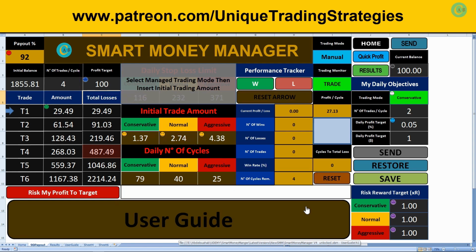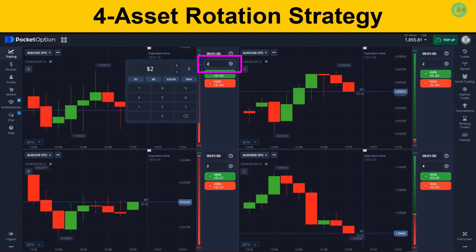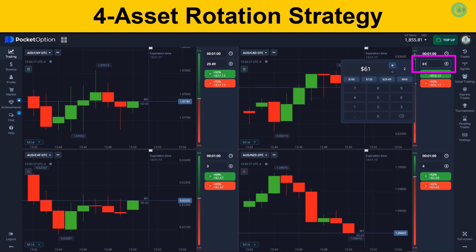Now I'm gonna copy the amounts for the 4 trades to my trading platform. Starting with the first trade amount in the first chart, I'm gonna put $29.49. Moving to the second chart, I'm gonna put the second trade amount, which is 61.54.